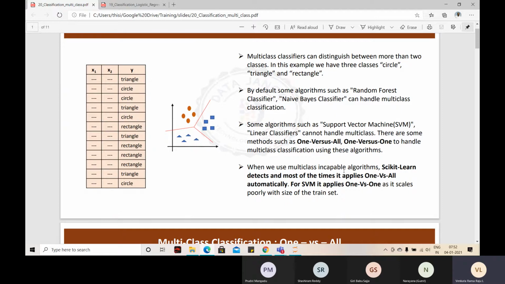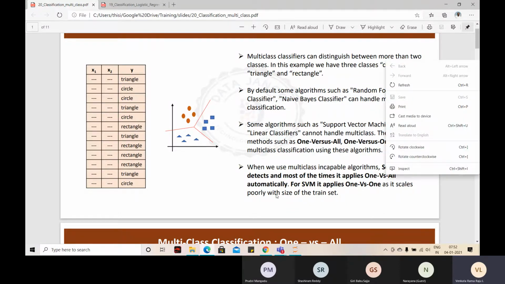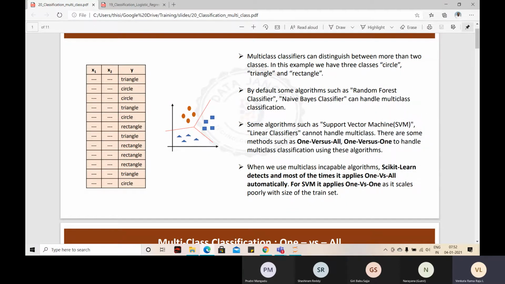When we use a multi-class incapable algorithm, scikit-learn detects it and most of the time it applies one versus all automatically, right?